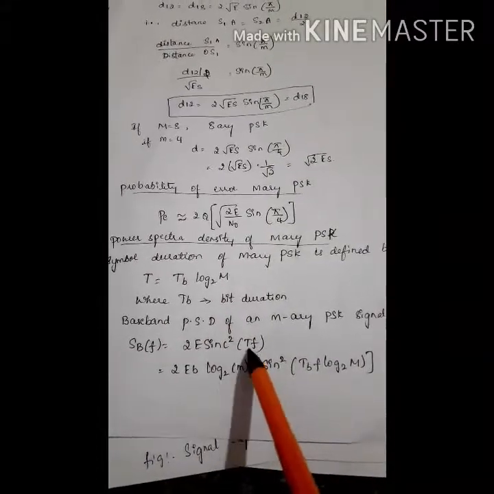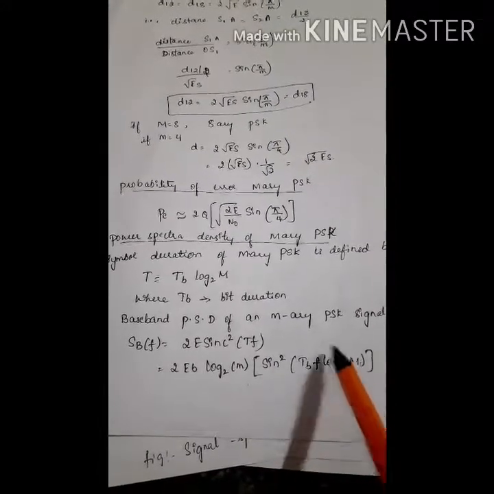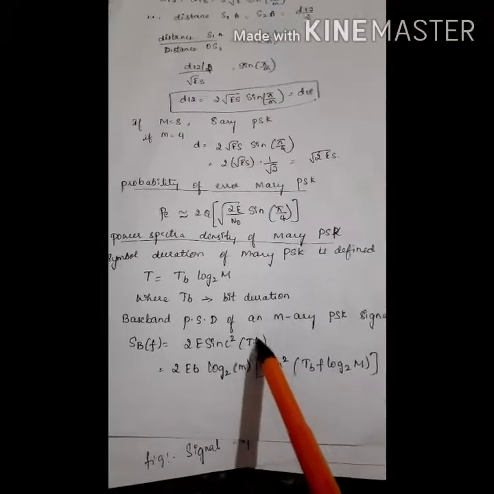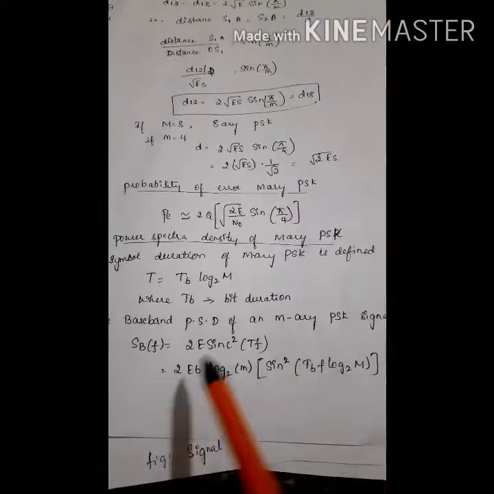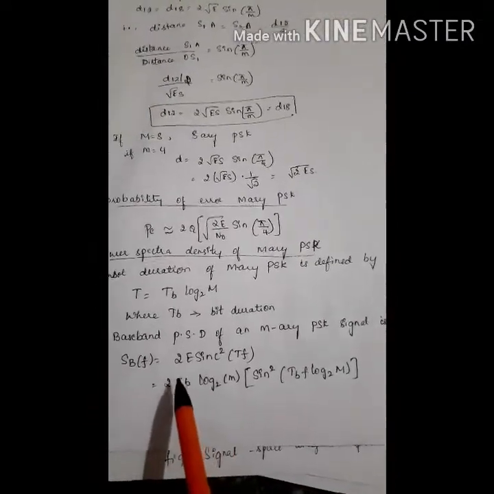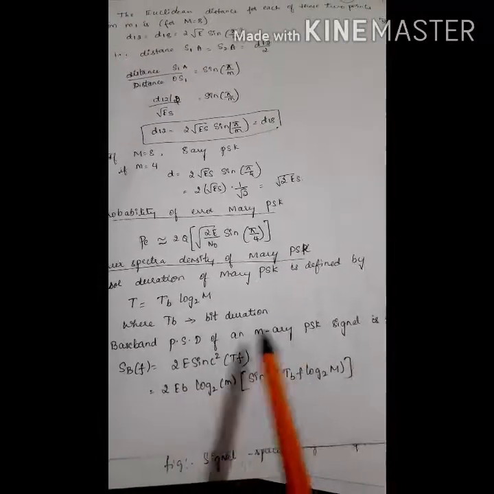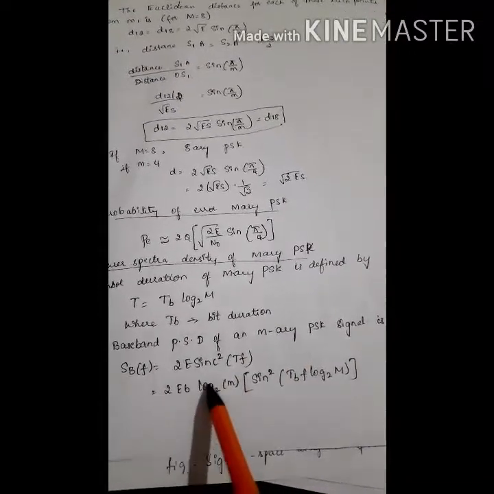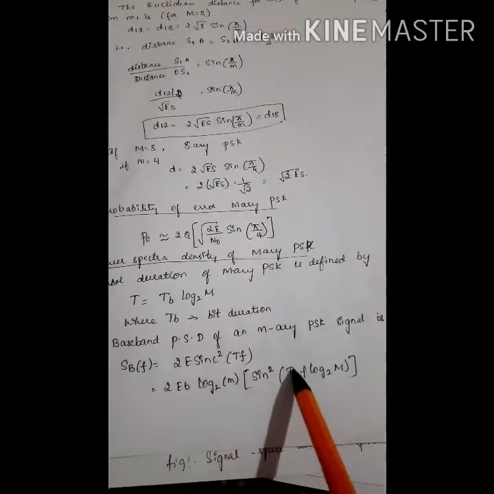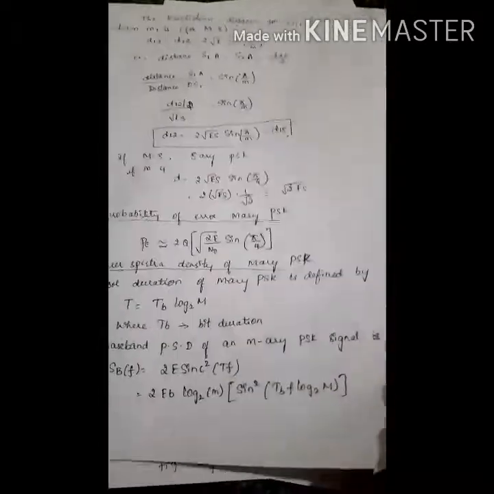So this TB can be changed as TB log 2m. F is the same here, so we write the same F here also. Therefore the baseband power spectral density of an MRI PSK is given by 2EB log base 2m into sinc square of TBF log base 2m.